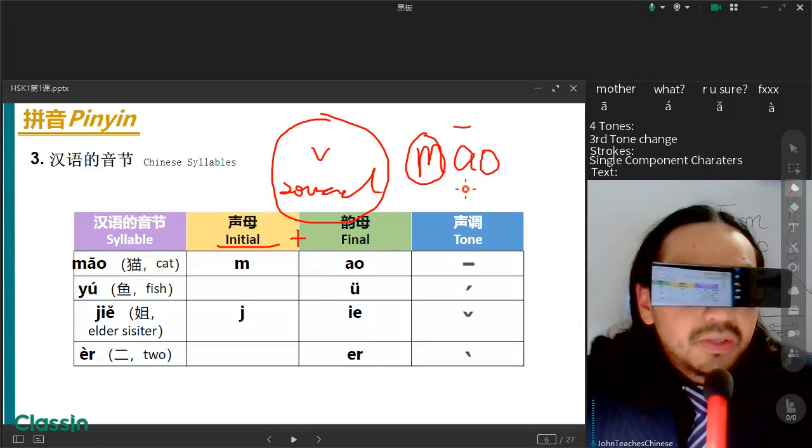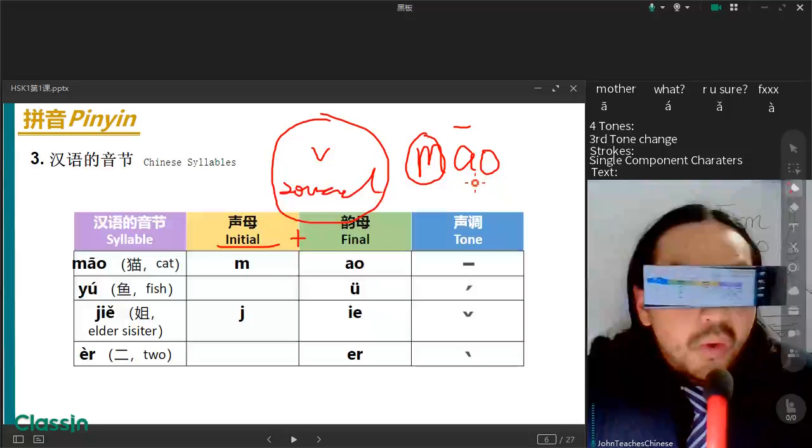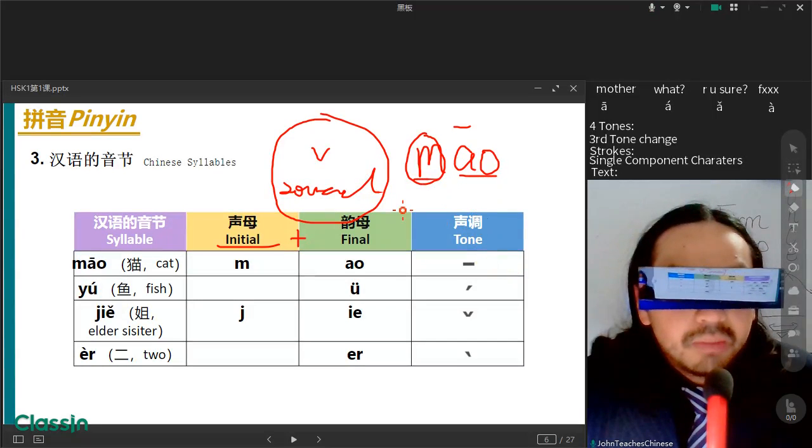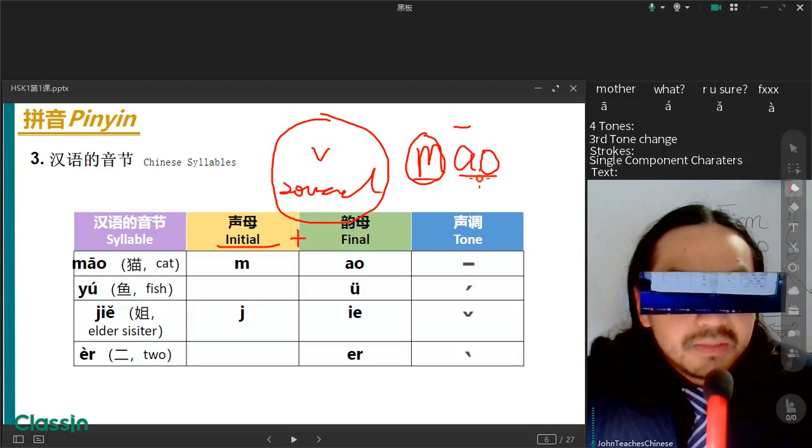And the final is ao. Okay, m plus ao gives mao. But which tone? The first tone, as marked here. So the first tone plus mao gives this. Okay, look here: mao.